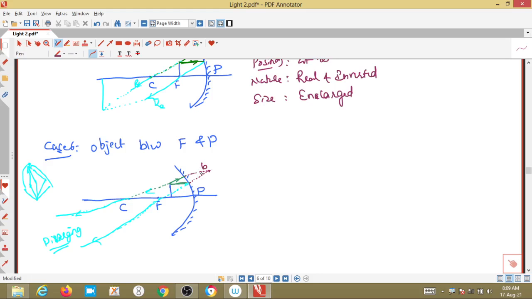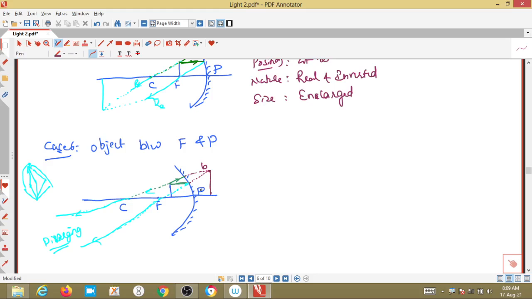When the rays appear to be moving beyond these points from the reflecting surface, if you trace them in the reverse direction, these two lines meet at this particular point. Here the image has formed, and here we will get the image.